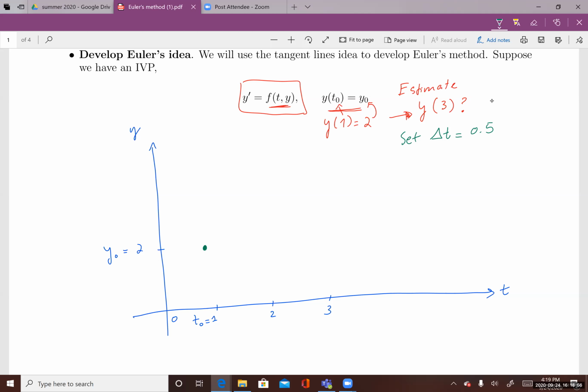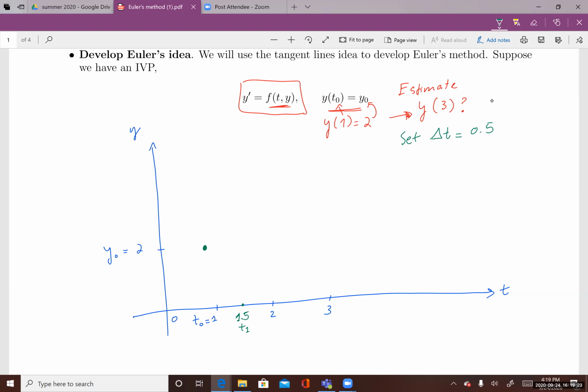What does it mean? That means my next step is gonna be at 1.5, because from here to here is 0.5, and I call this t1. Okay, so how can I estimate y1? The y value corresponding to t1.